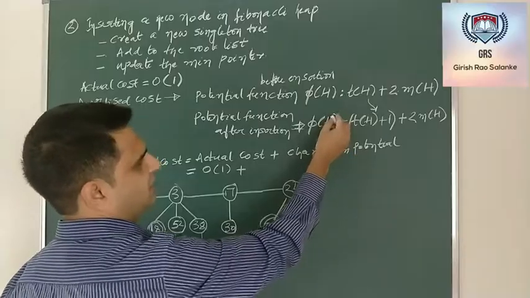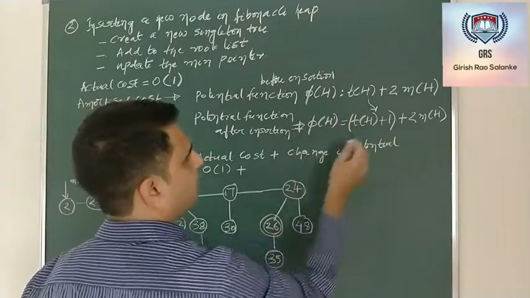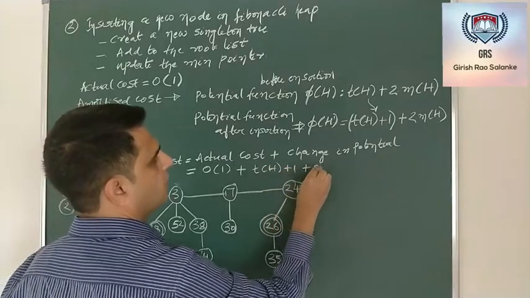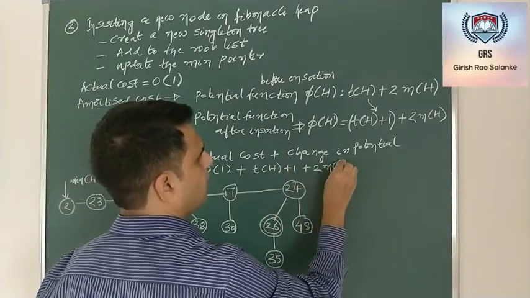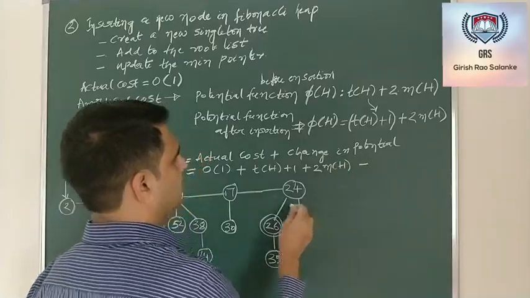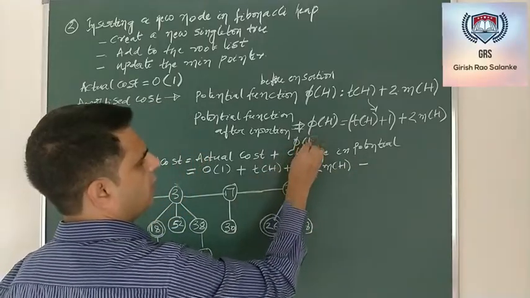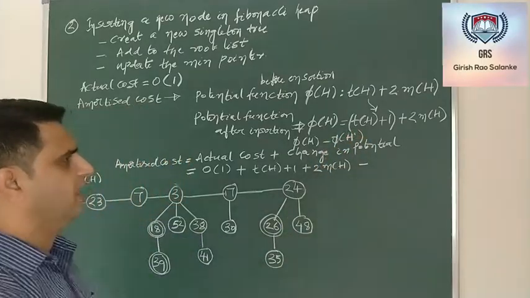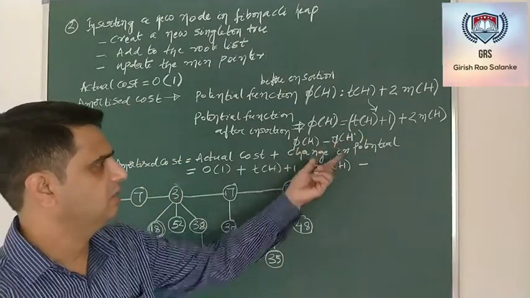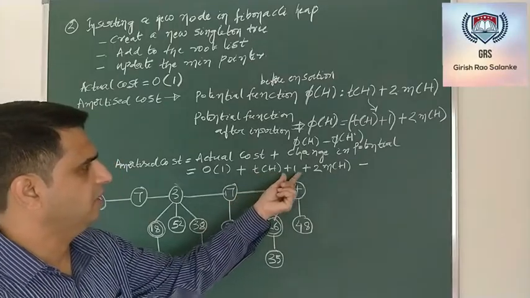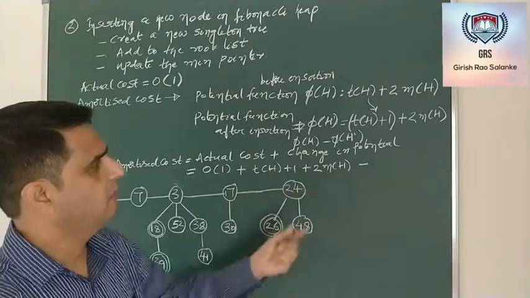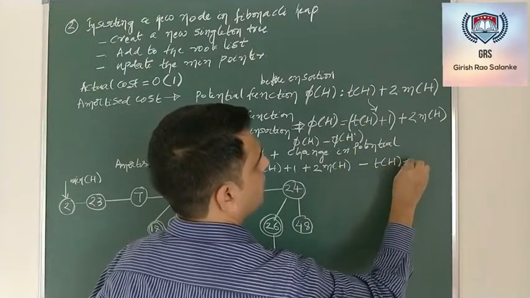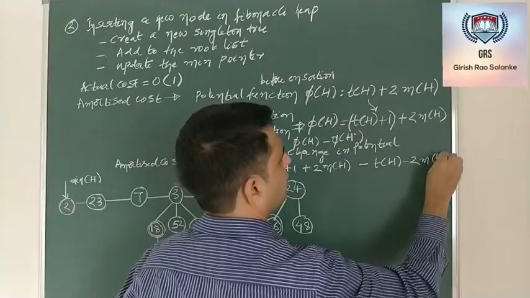Plus change in potential, which is phi of h dash, I will call this h dash, is equal to this value. So this is t of h plus 1 plus 2 times m of h, minus the change in potential, which is nothing but phi of h minus phi of h dash. If you do remember the amortized analysis chapter, change in potential was denoted with this. This is t of h plus 1 plus 2 times m of h, minus the whole thing, which is nothing but minus t of h minus 2 times m of h.